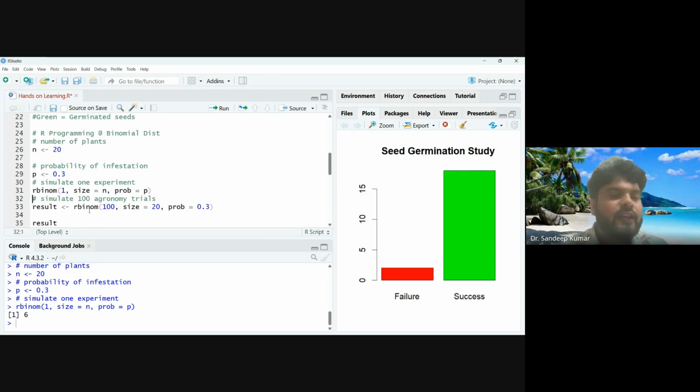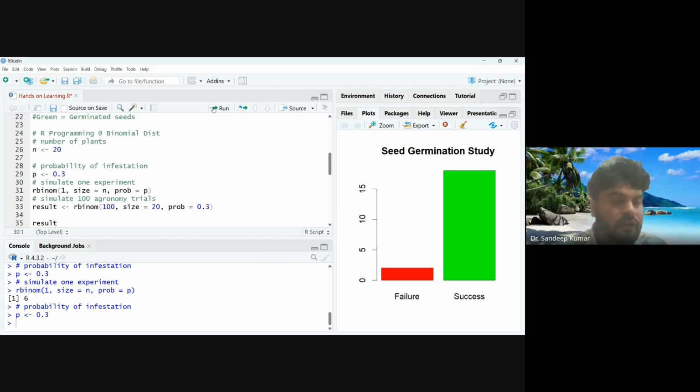Okay, okay. So if I take p equal to 0.3, probability of infestation, and our objective is to simulate one experiment, only one experiment through the binomial distribution, the simple command is rbinom. In rbinom I assign the value 1, only one time, and size equal to n, because n is a parameter of the binomial distribution, size equal to n, probability p, and then run.